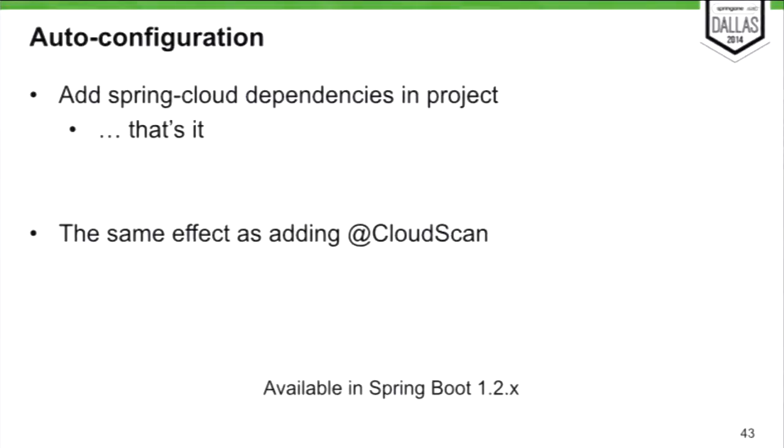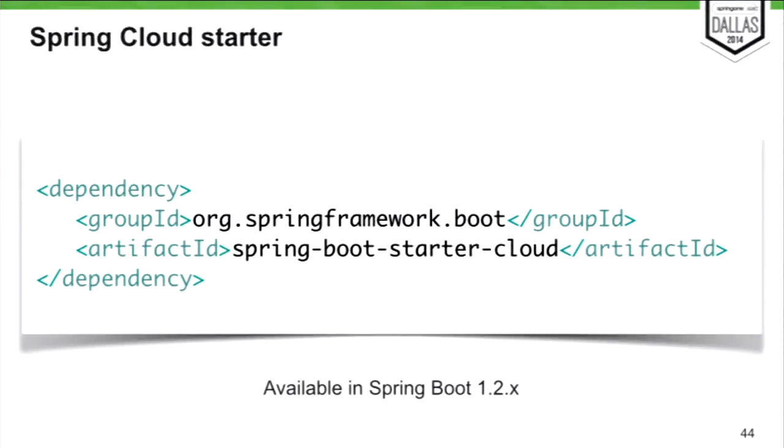The effect is the same as adding Cloud Scan, but it will be taken care of in Spring Boot itself, right? So the only thing you have to do is add Spring Cloud dependencies. Well, not really. You could just add a Spring Cloud Starter, and if you add this dependency, this is a Maven example, Gradle is the same thing, then it would pull in those dependencies, and therefore we'll go back to the first slide with Cloud Scan happening automatically.